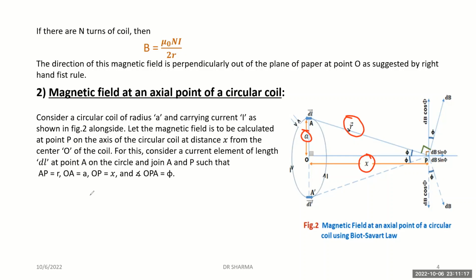And angle OPA is phi. Similarly, if we consider another element at the diametrically opposite point of A, this angle will also be equal to phi.